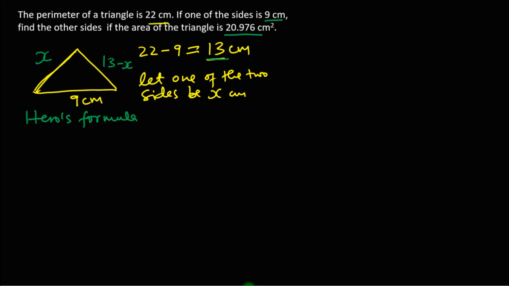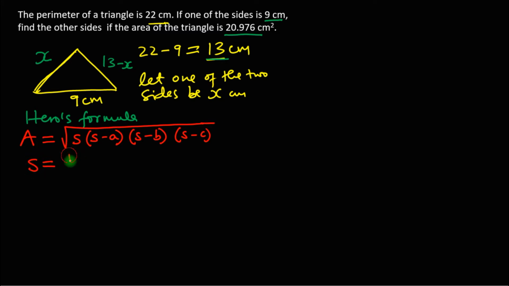So let me write down Hero's formula. Area is given by the square root of s into bracket s minus a, into bracket s minus b, multiplied by s minus c, whereby we need to identify the values of s. s is a half of the perimeter, which is 22, so we get s as 11.